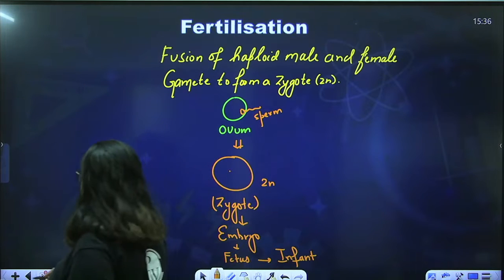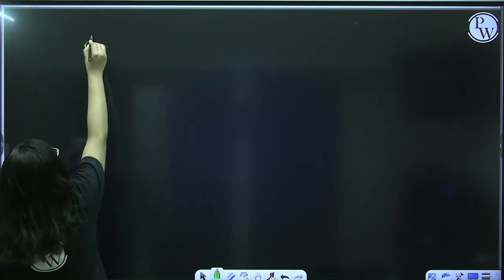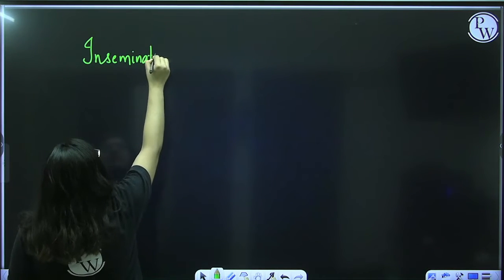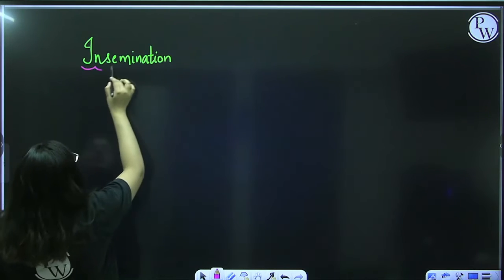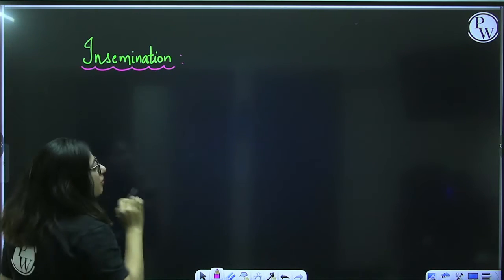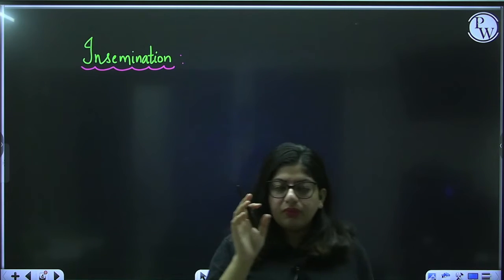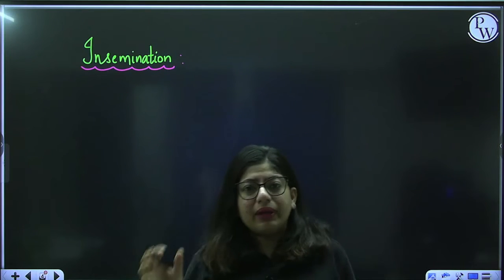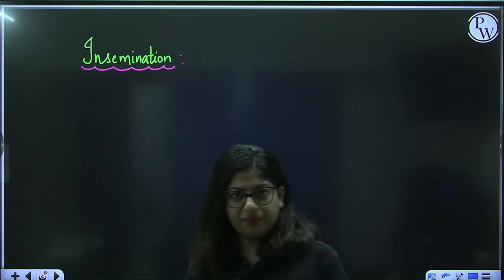So for fertilization, there is a first step that should definitely take place, and that is insemination. What is insemination? Whenever male and female undergo sexual intercourse, the male deposits semen inside the female's vagina, right?